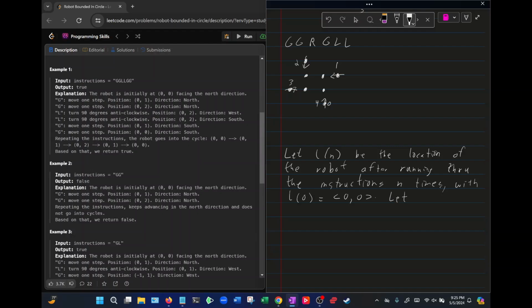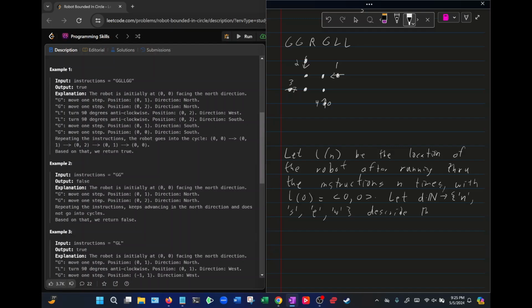Suppose we have this function. Let d be a function from the natural numbers into the set of 4 characters n, s, e, w, and you can guess this is the direction.